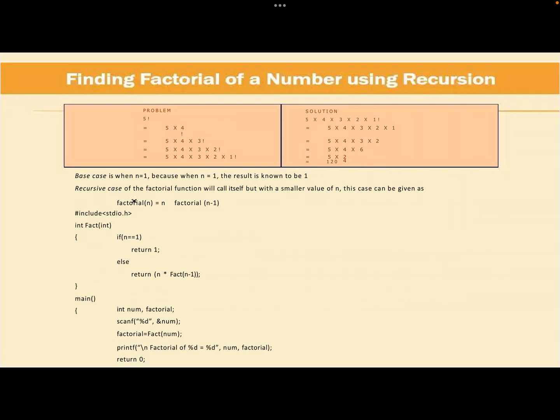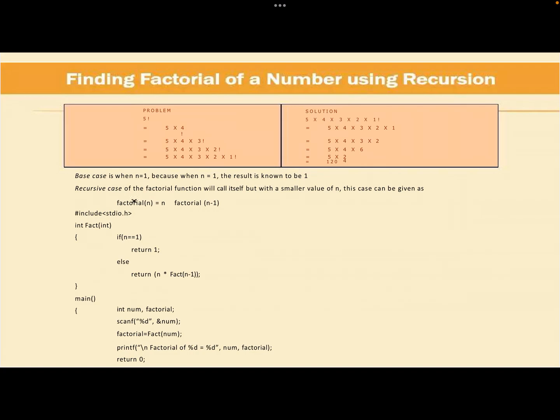Here we are defining a function with the name FACT, and the return value is of type integer, and the input value is also of type integer. First we take the base case: if n is equal to 1, the factorial of n, as we know, is always 1, so the return value will be 1, else the return value will be n into fact of n minus 1. The factorial is evaluated and returned to the main function.